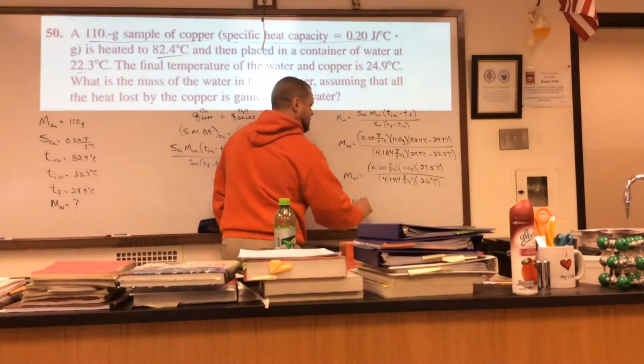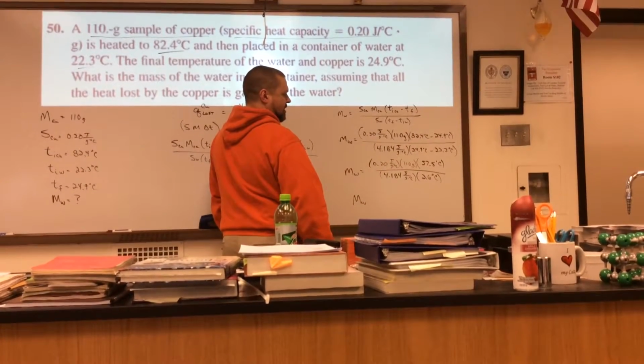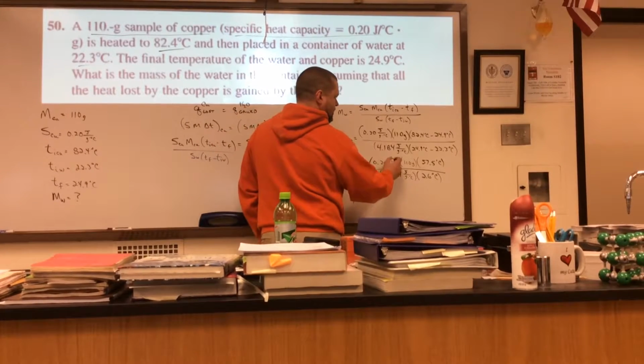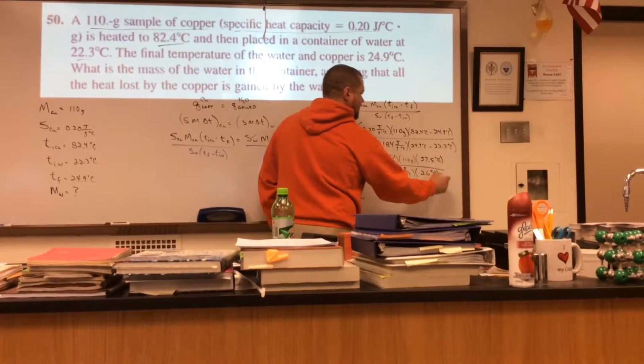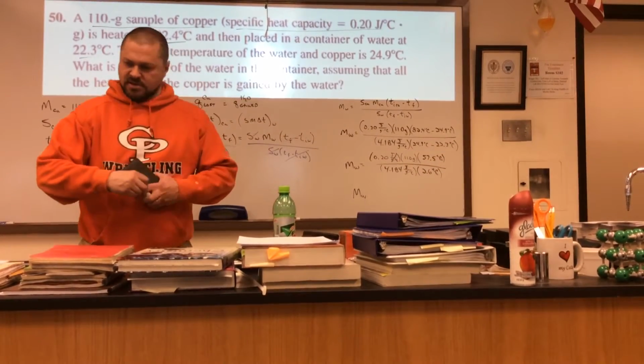Mass of water. So let's see, what's going to happen here? Joules per gram times degrees Celsius, that's all going to cancel. Degrees Celsius, that's all going to cancel, it's going to come out grams.